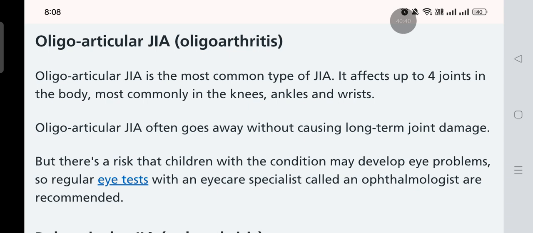Oligoarticular JIA often goes away without causing long-term joint damage.